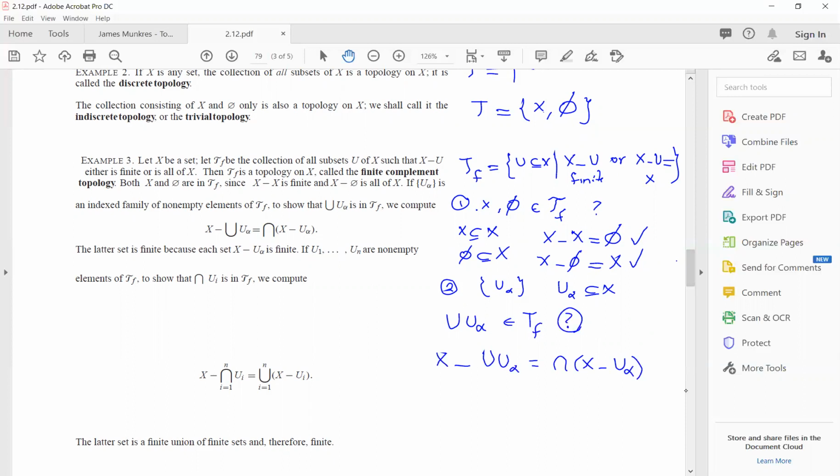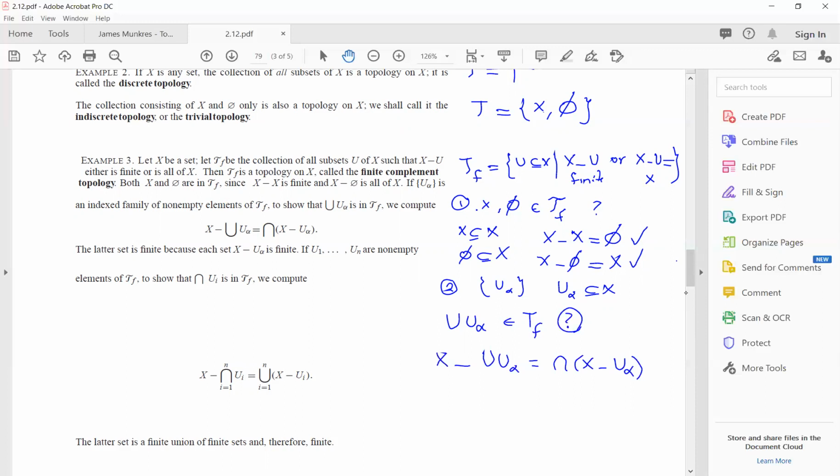We know that each U sub alpha is a subset of X and it is a member of tau of F. It means that X minus U sub alpha is either finite or it is equal to X. If it is equal to X, it means that U alpha is empty, X minus empty is X, the intersection of X is equal to X, and we're done.